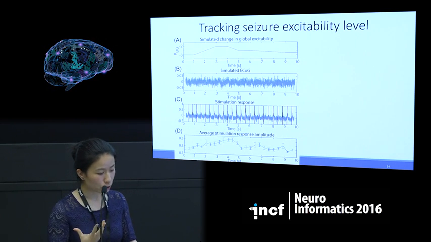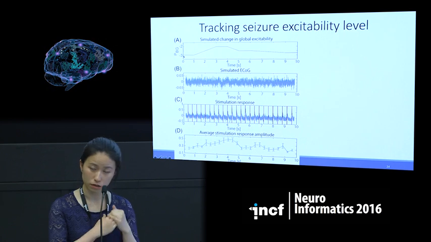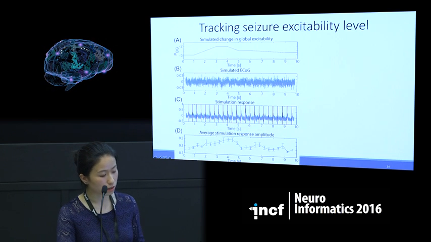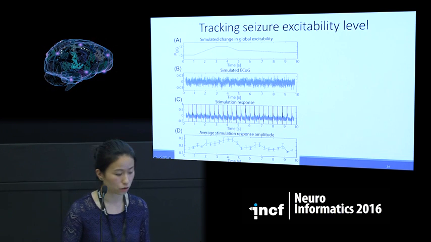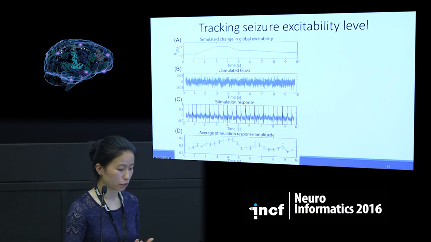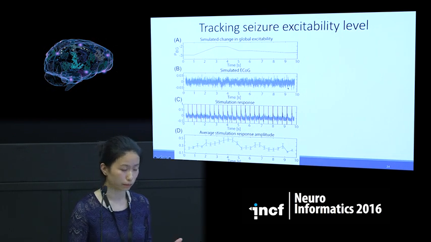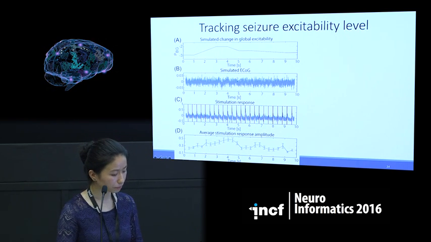And I've done some simulations in this case where I've changed, again, this parameter here that essentially determines the surround excitability, and I've simulated the corresponding EEG for that, and you can see that despite these changes in excitability levels, there's not much change in the actual underlying EEG. Which is exactly the scenario that we actually have with seizure patients. When we just look at their background EEG, we don't actually know what the excitability levels are that underlie what states they're in.